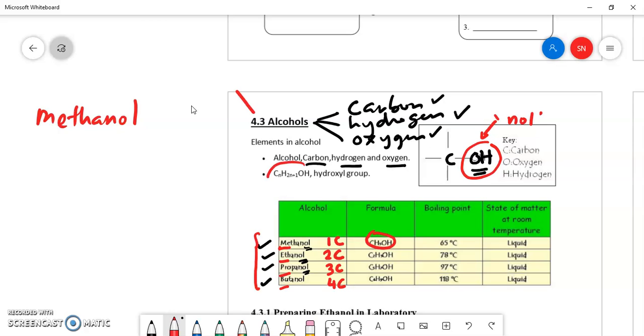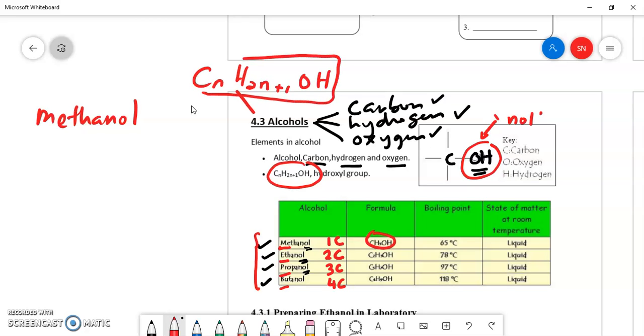This is the general formula: CnH2n+1OH. It applies for all the types of alcohol. Now this n here represents the number of carbon atoms.